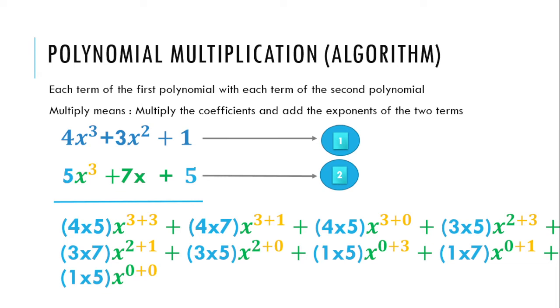For each term of the first polynomial, we must multiply it with every term of the second polynomial. That means 4x cube will be multiplied with 5x cube, 7x and 5.